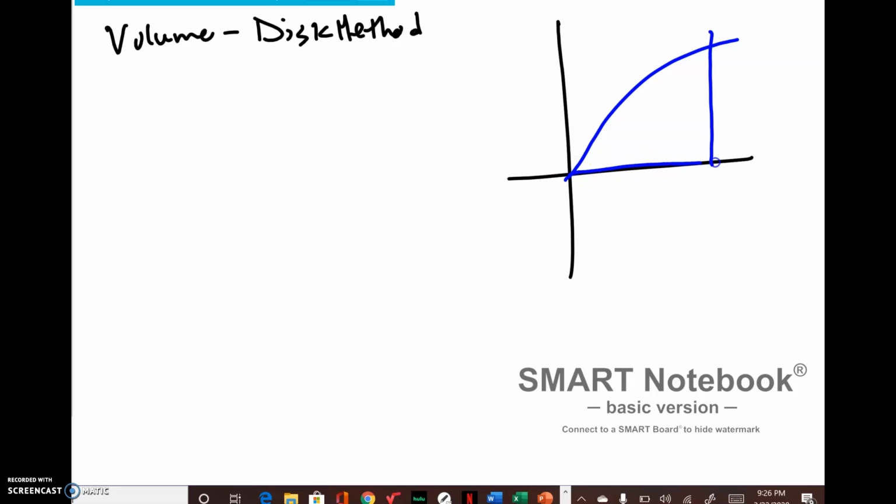Okay, and this is the region, where this guy's F, and this guy's G. So this is the region I'm rotating. Okay, and let's suppose I'm rotating about the x-axis.